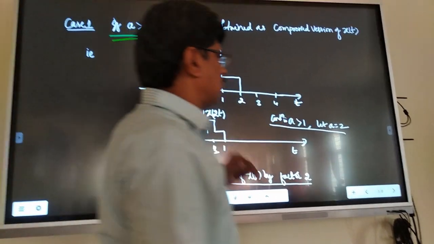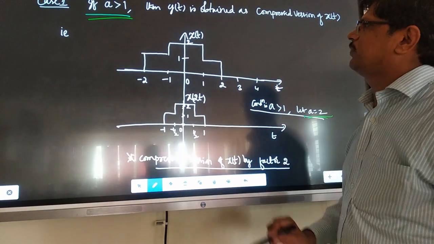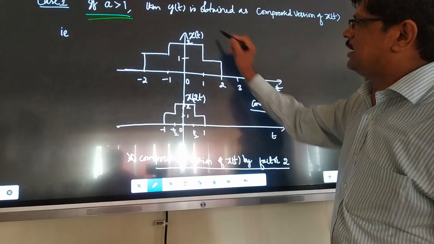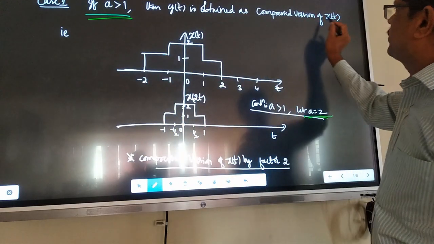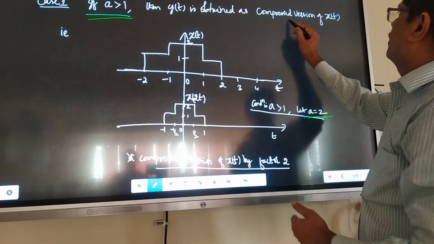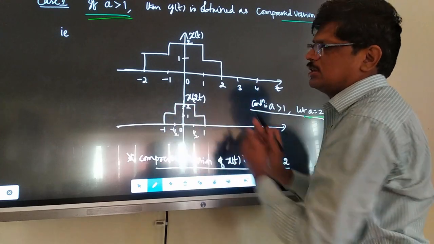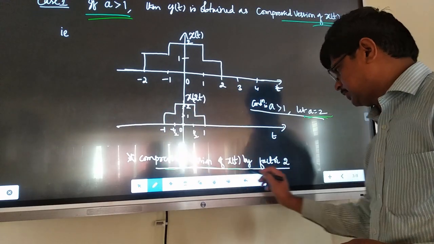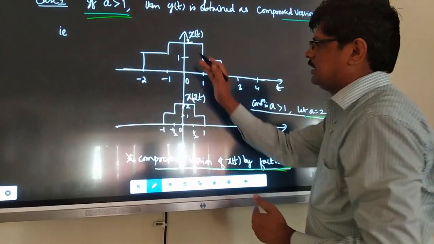Let's say a is equal to 2, for example x of 2t. Then x of t is a signal, and y of t is obtained as the compressed version of x of t, compressed by a factor 2. If you compress by 2 times, you will get exactly half.